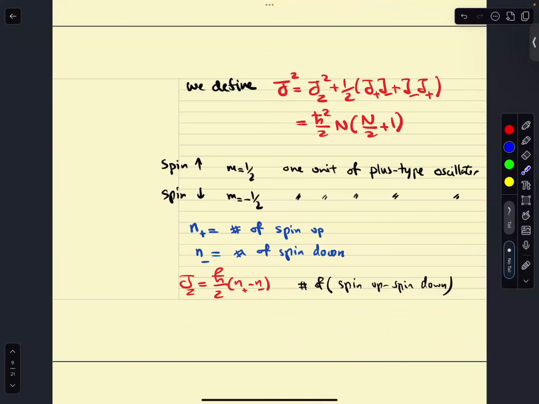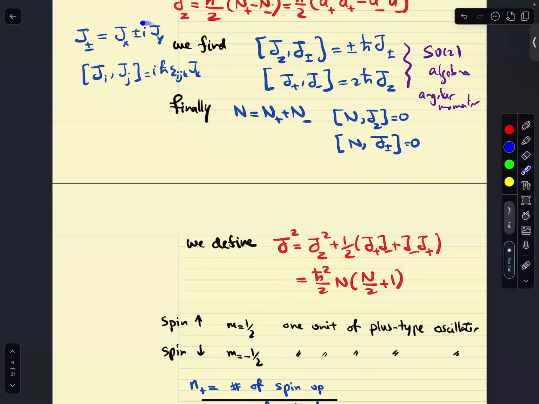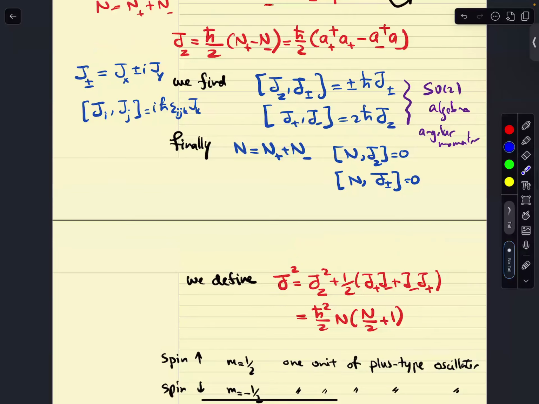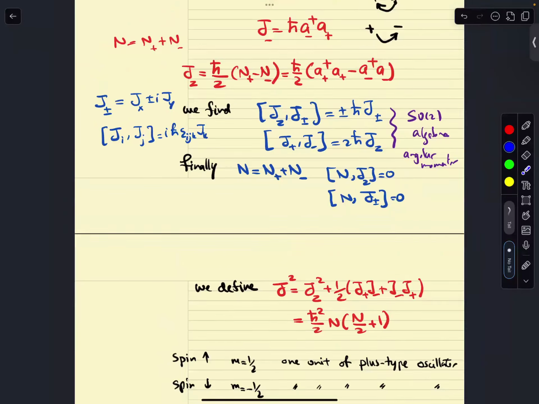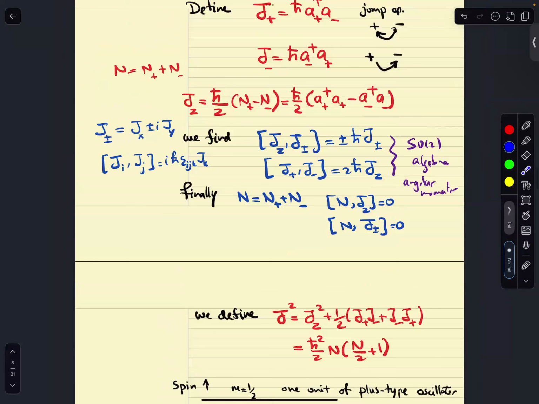So what is the J squared operator? J squared is Jz squared plus Jx squared plus Jy squared. But based on these relations, you realize that Jx squared plus Jy squared is this combination. We used this identity many times in the past. Now we know what J plus and J minus are in our language, right? So these were the jump operators.